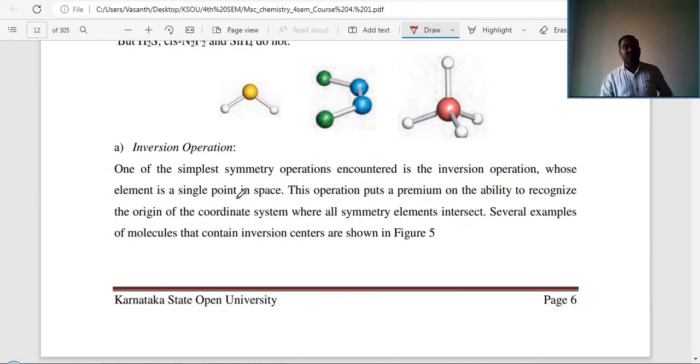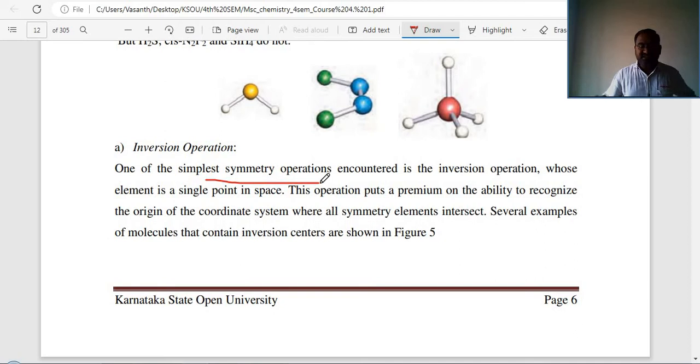Next, the inversion operation. One of the simplest symmetry operations encountered is the inversion operation, whose element is a single point in space. The operation puts a premium on the ability to recognize the origin of the coordinate system where all symmetry elements intersect.